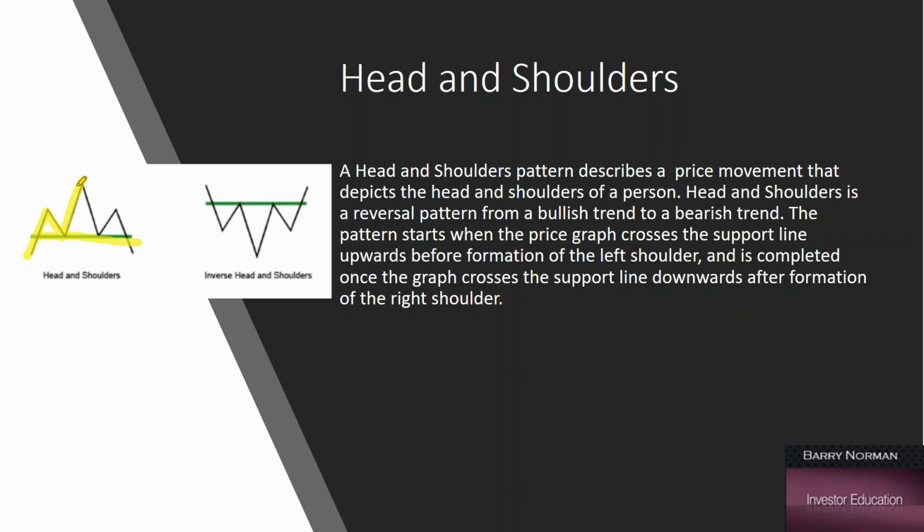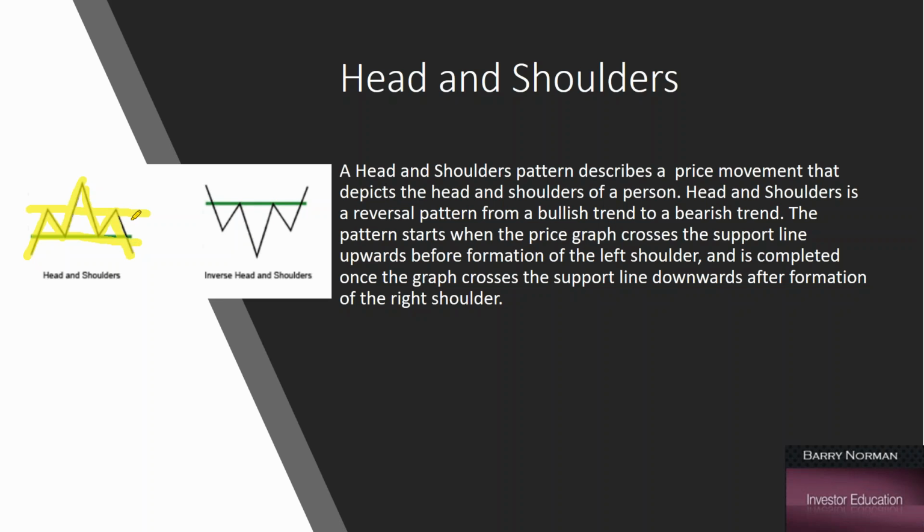Price then moves up, but it moves higher than the peak before, and when it comes back down, we will expect price to form that right-hand shoulder, and that right-hand shoulder should be equal to the left-hand shoulder. If that happens, we would then expect price to break down and come downward.